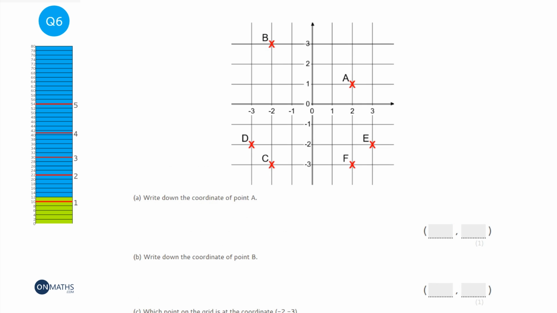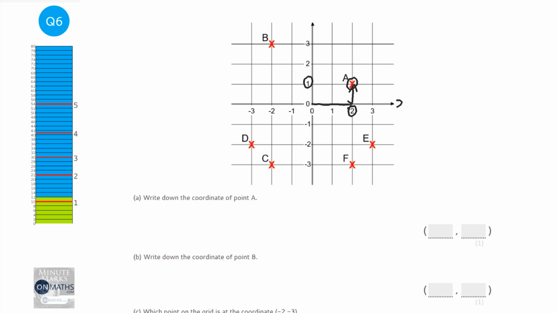Okay, so this question's about coordinates, and the biggest mistake with coordinates is getting them the wrong way around. So point A, which is this one here, it's either going to be 2, 1 or 1, 2. And the way of remembering it is you always go across first and then up. You go along the corridor, up the stairs.